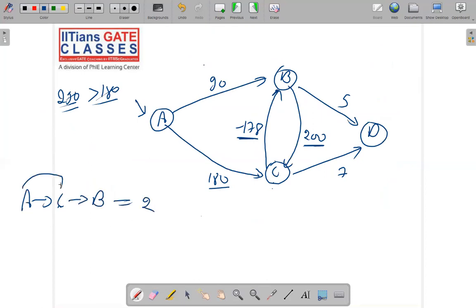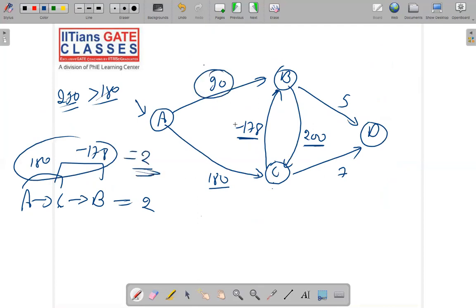A to C is 180 and C to B is minus 178. If you add these two, it will be 2, far less than 90. So A to B should be 2, not 90. A to C is correct, it's 180.